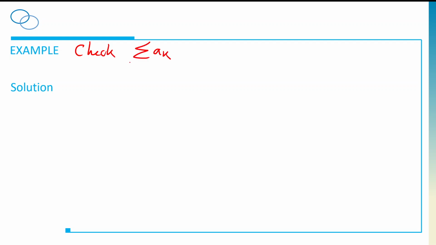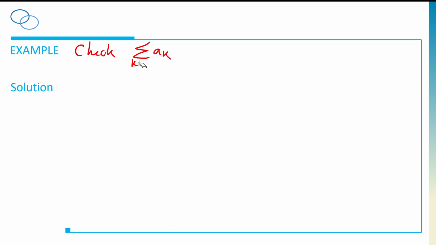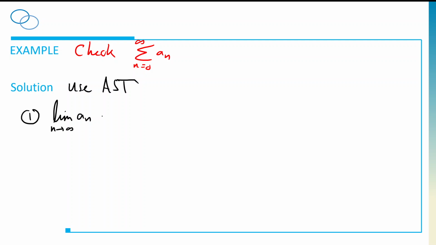Check sigma a_n, n from 0 to infinity. Let's check, I'll use the alternating series test. So what should be our first condition to check? I need to check that the limit of a_n as n approaches infinity equals 0.